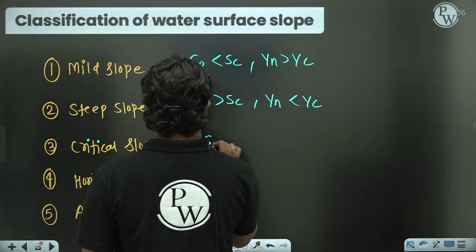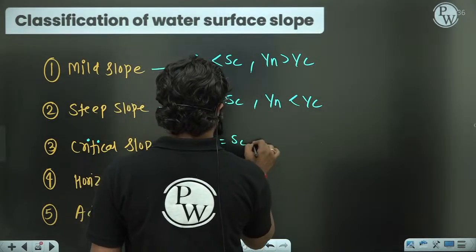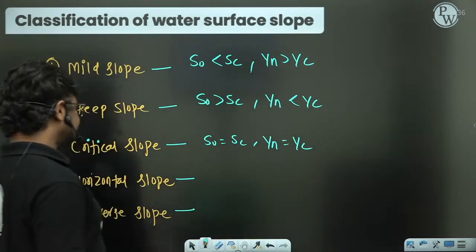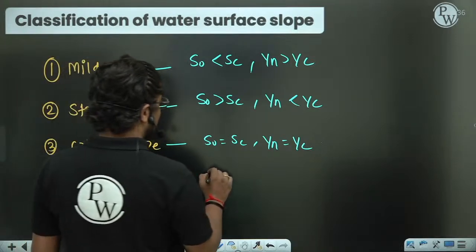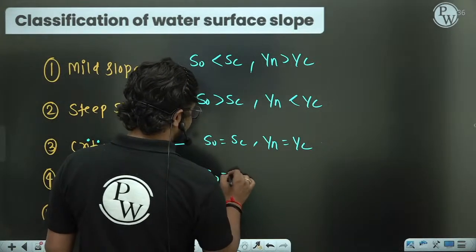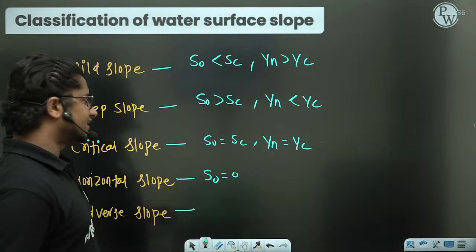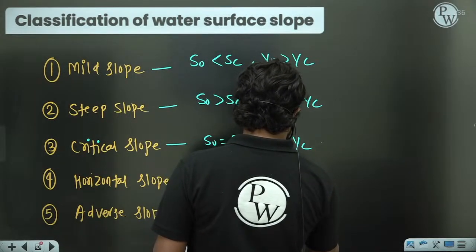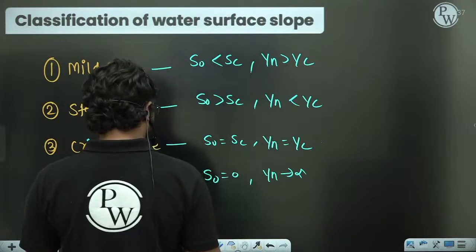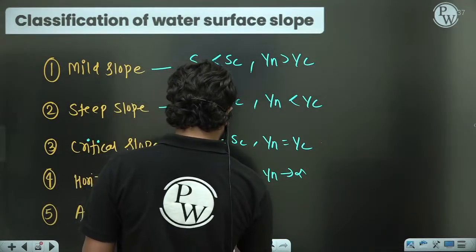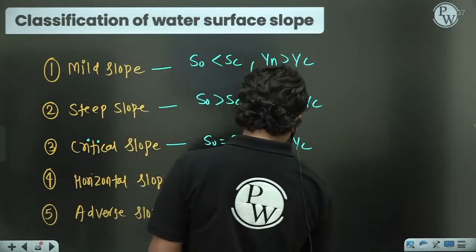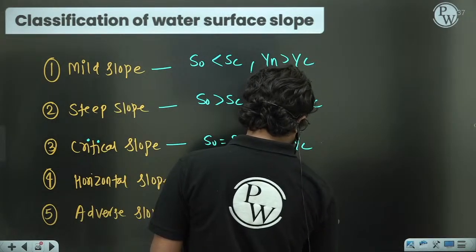At the critical slope, S0 will be equal to Sc, and yn is equal to yc. In a horizontal slope, S0 will be equal to 0, and here yn tends to infinity. In an adverse slope, S0 will be negative, as the name itself tells you. Here yn also tends to infinity.